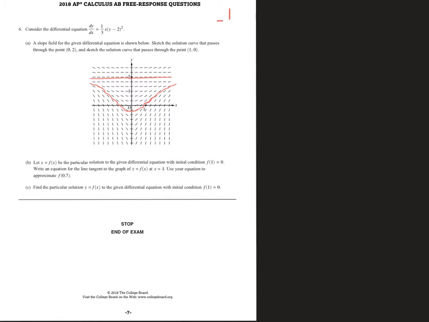So I'm going to have 1 over the quantity (y minus 2) squared dy equals 1/3 x dx. And then we just anti-differentiate, integrate each of those.